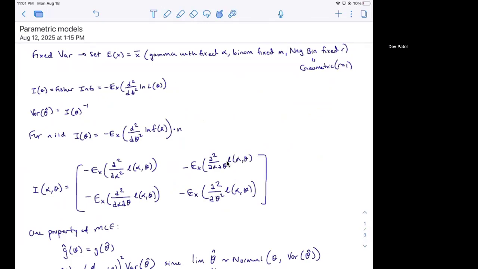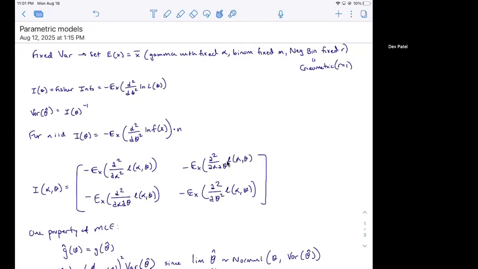Now, if you can't get it exactly, then that is when we resort to Fisher information, which is the negative expected value of x, d squared d theta squared, natural log of the likelihood of theta, or the parameter. Now, how do we remember this?